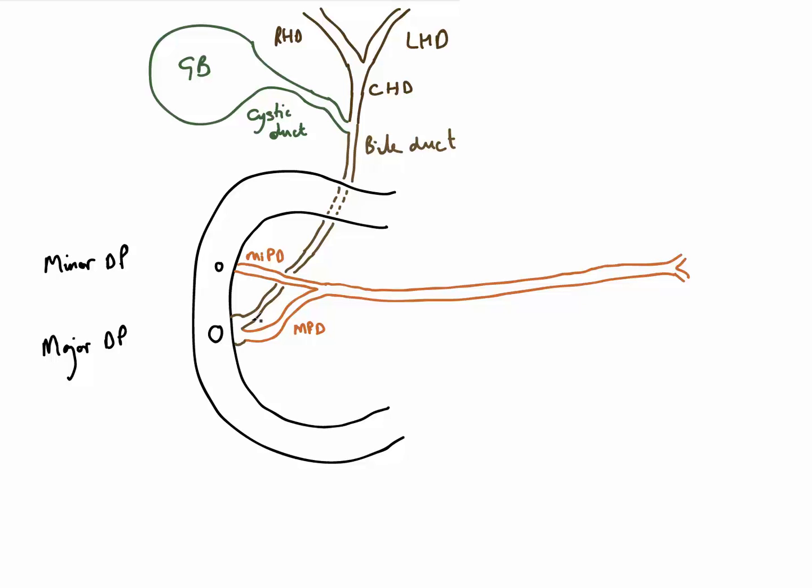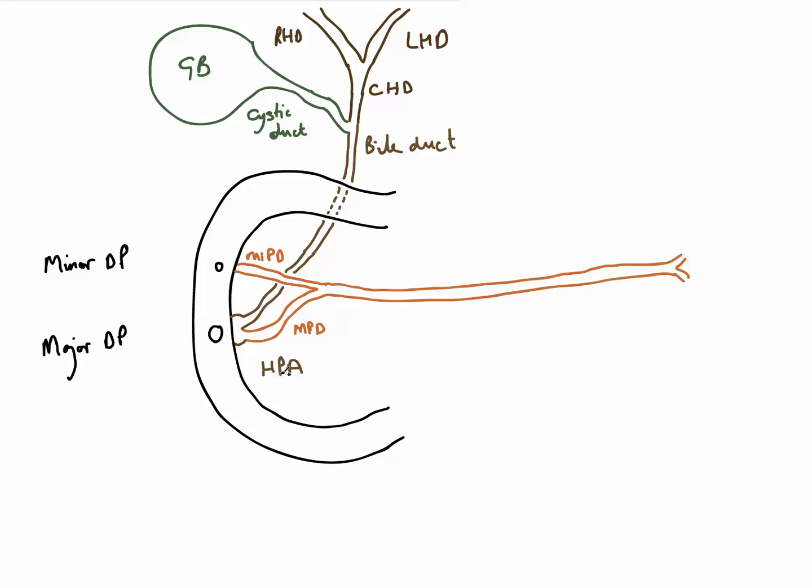And these two ducts, the bile duct and the major pancreatic duct, form the hepatopancreatic ampulla. This ampulla is a dilation found on the medial surface of the descending duodenum.